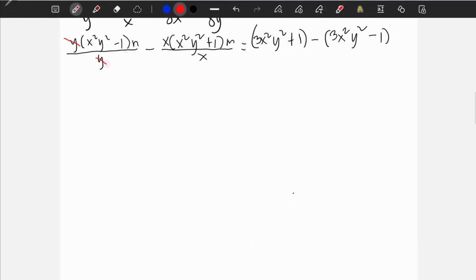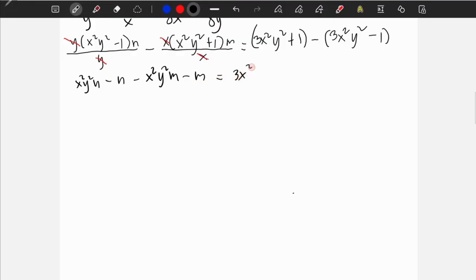Cancel out y and also x. Then we distribute: x squared y squared times n is x squared y squared n. Negative 1 times n is negative n. Distribute negative to this expression. So negative times x squared times x squared y squared times m is negative x squared y squared m. Negative times 1 times m is negative m.